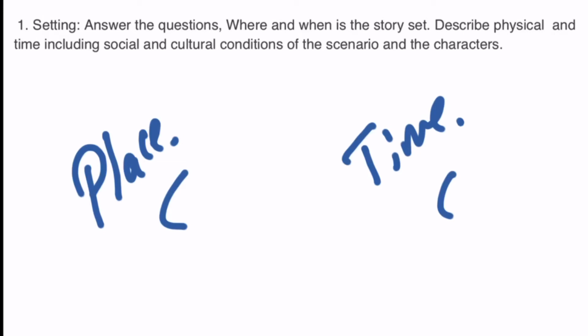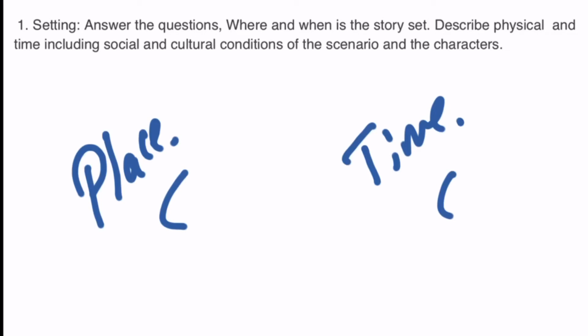Where are the things set for the story: the furniture, the places, cities or towns, houses, maybe schools, maybe other buildings that could be involved in the story.